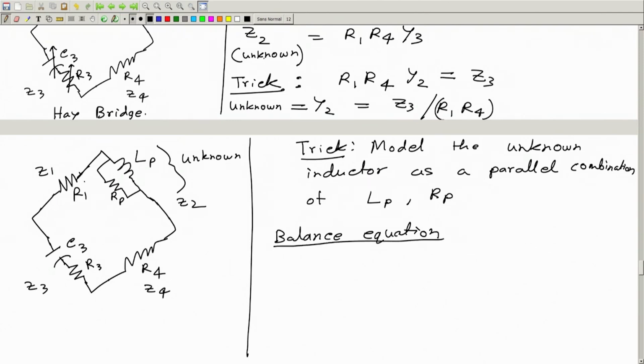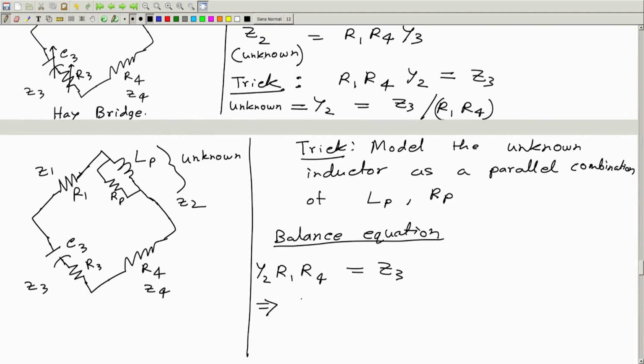How? Let us write it this way: R1 R4, this product should be the same as the product of these two impedances. So, you can write Z3 multiplied by Z2, but we can write Y2 here.